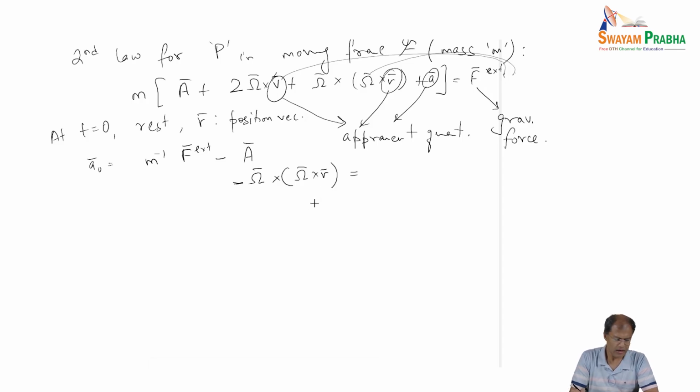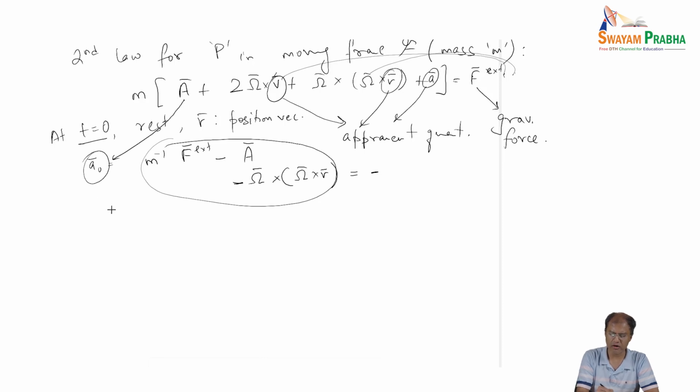So A naught is going to be minus the net forces acting on the particle at t equal to 0. The acceleration of the moving frame will be A naught at t equal to 0, and this is divided by m throughout. So this is g, the acceleration due to gravity, times k of r.